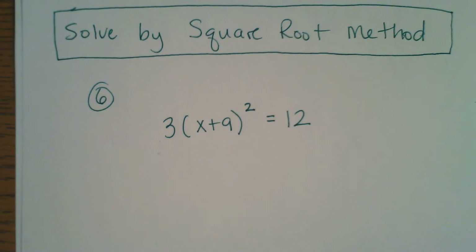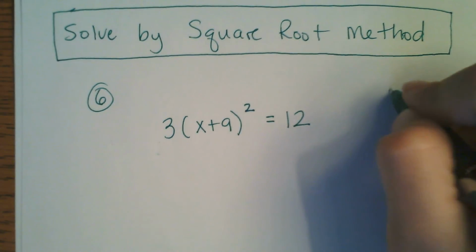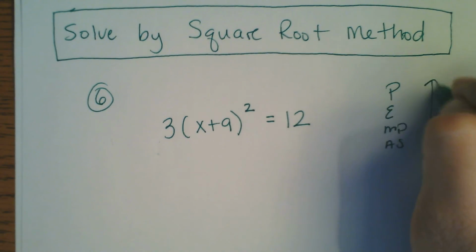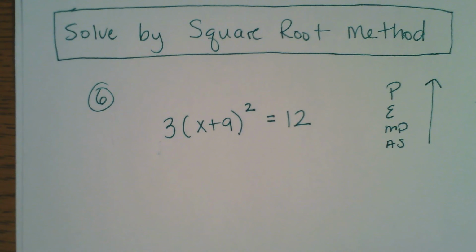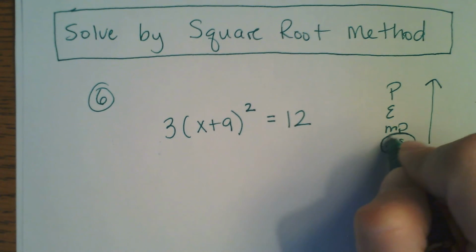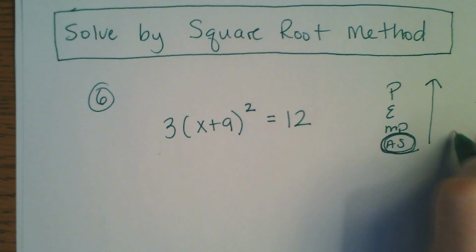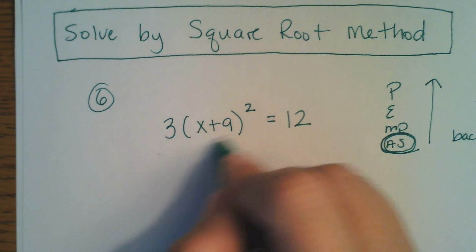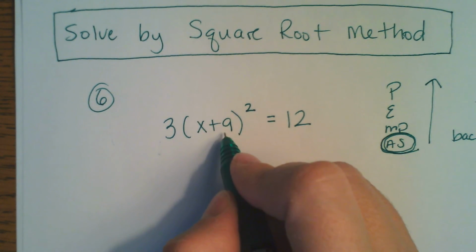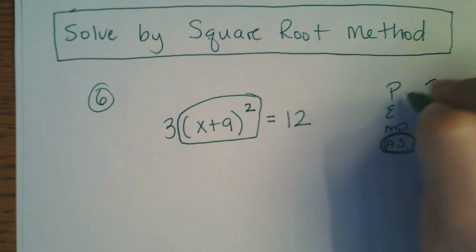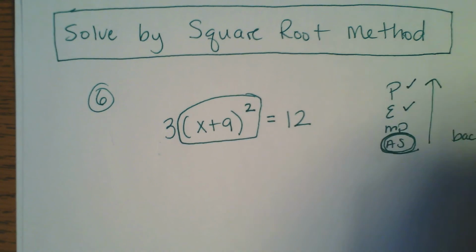All right, so to solve any equation, you're going to work PEMDAS backwards. And this is important because it gives you a roadmap for which to solve. So we try to start with any addition or subtraction first. But I can't move this plus 9 because it's locked into the parentheses by the exponent.